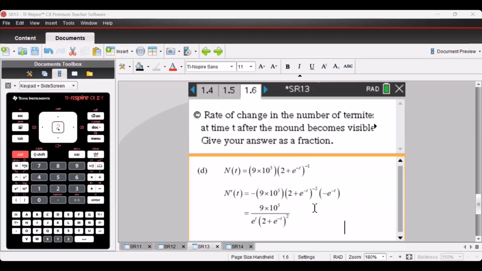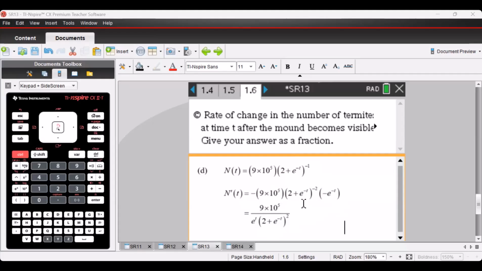Just making sure that we've already taken into account the negative sign. So the denominator is going to be e to the power of t, because when we bring this down into the denominator, this power becomes positive. And we're going to bring this one down. This is essentially 1 on 2 plus e to the negative t all squared.